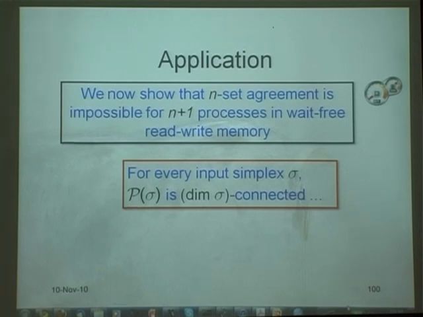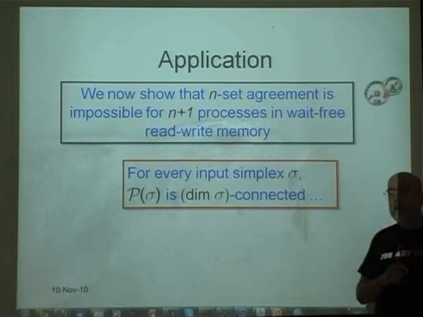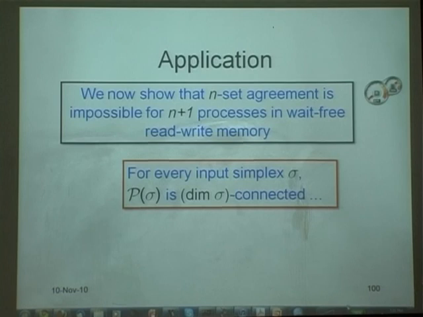Another path to showing impossibility of set agreement in read-write would be to show that the immediate snapshot is equivalent to read-write. But do you need equivalence for that? Because for impossibility, it's enough to show that there's a subset of the executions where the problem is not solved.